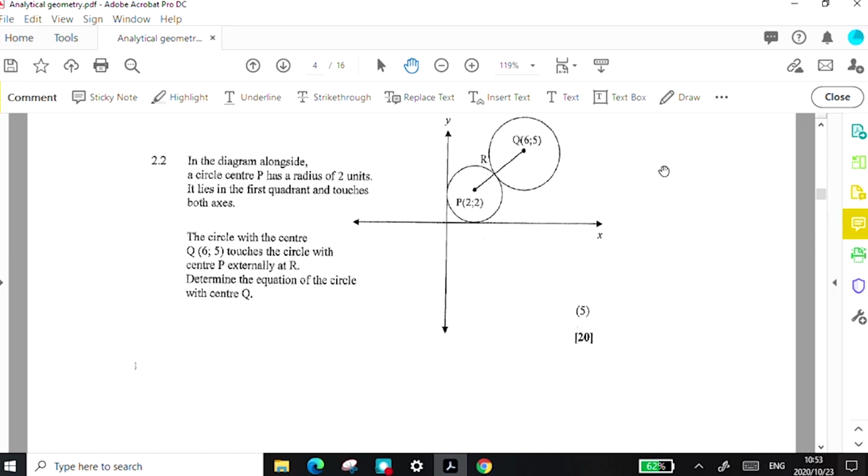So we're looking for length PQ, and length PQ is the square root of x1 minus x2 all squared plus y1 minus y2 all squared.